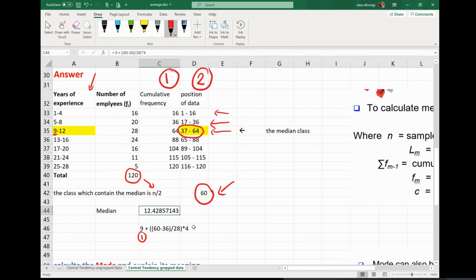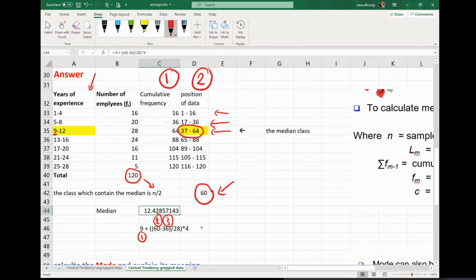Yes. So n, our sample size, divided by 2, which will be 60. This is the second number. Then minus the f_{m-1}, which is the cumulative frequency of the category before the median category, which is the 36. So this is information number 3.